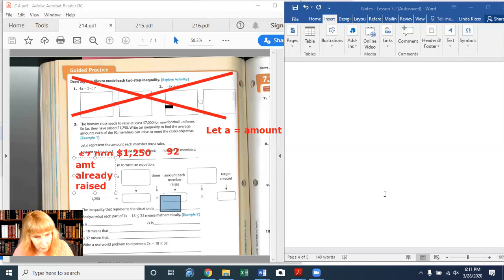Amount already raised plus, what goes in the other box? The number of members. Number of members. And times, number of members times the amount each member raises.